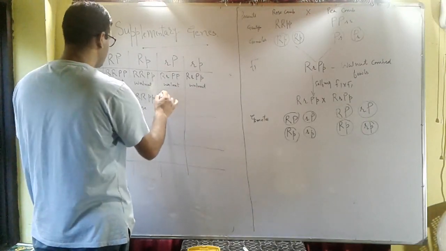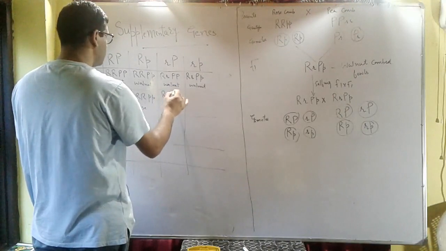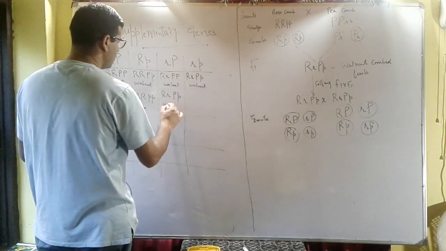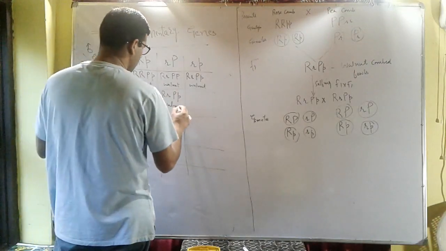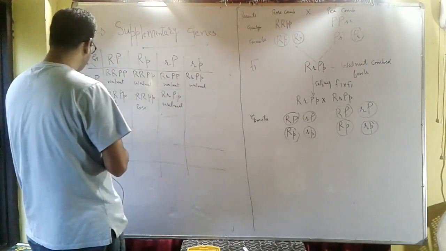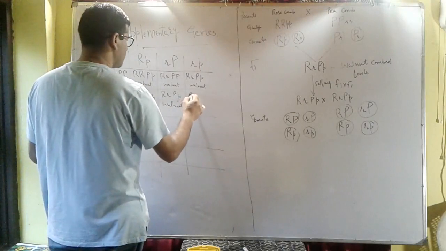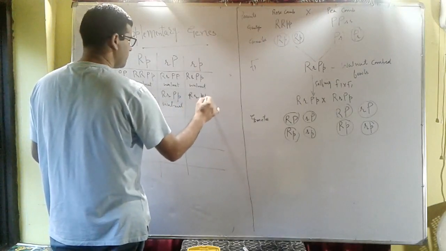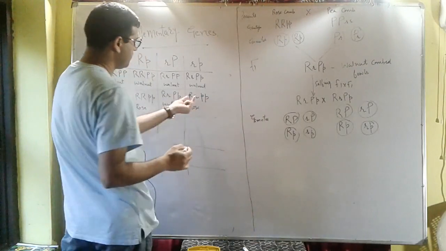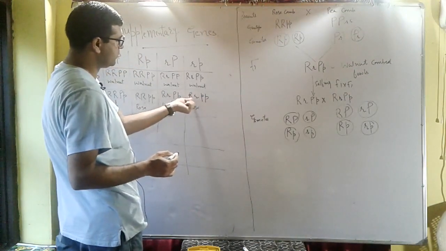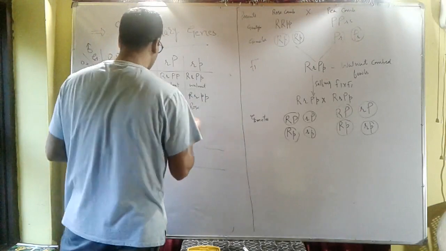Then we have capital R, small r, capital P, small p. This is walnut combed. Then this is capital R, small p, small p. This is rose combed because only one dominant gene is present, that is R. That is why it is rose combed.